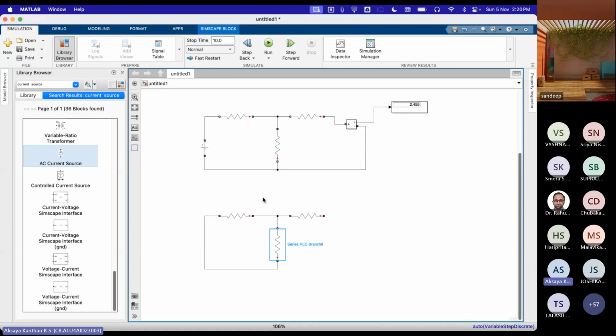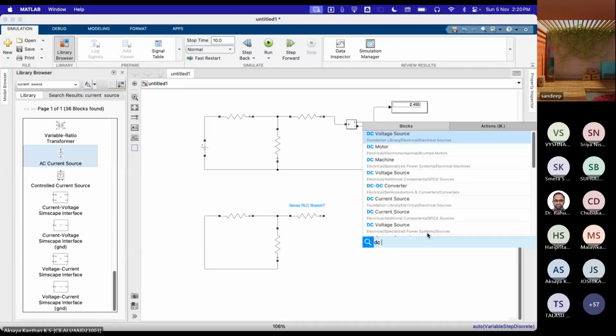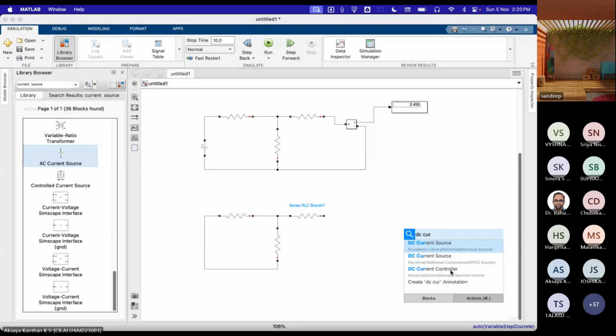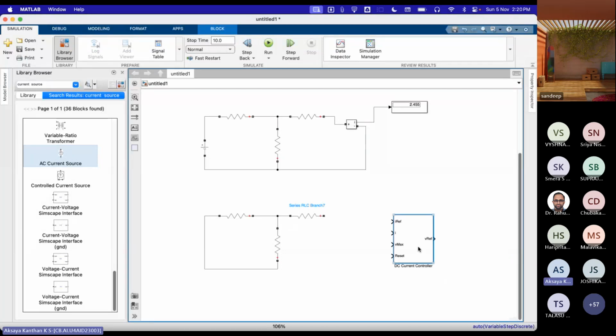And then next I'm going to create an effective Norton circuit. So we need a DC current source, controlled current source. This one, DC current source.